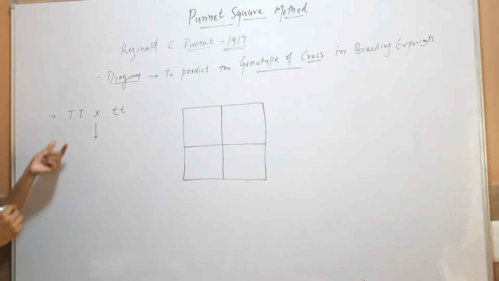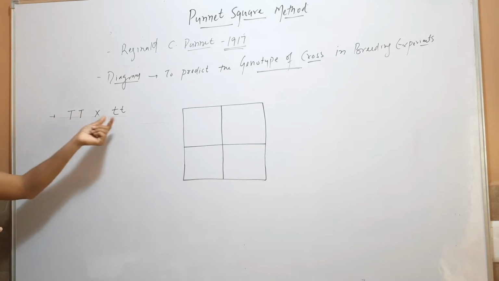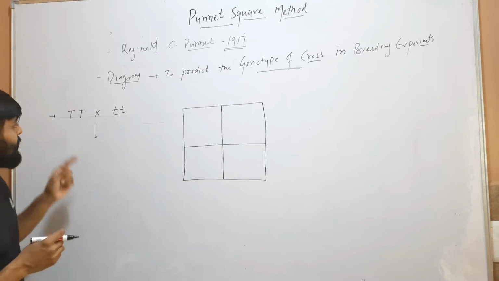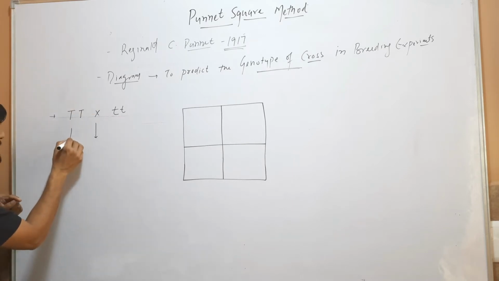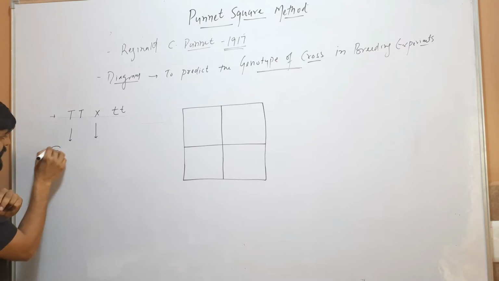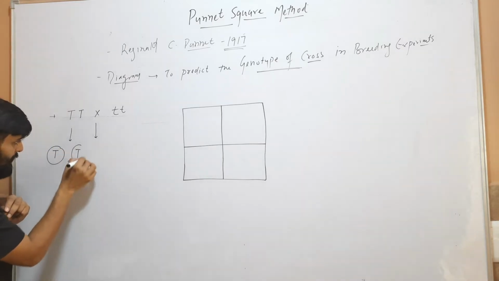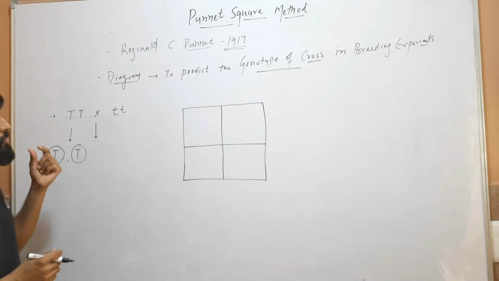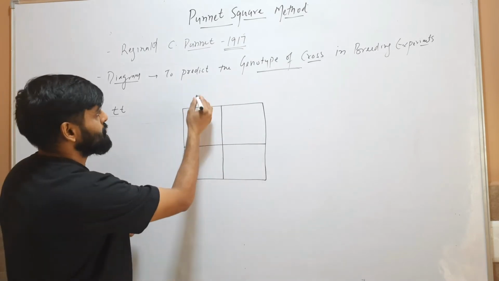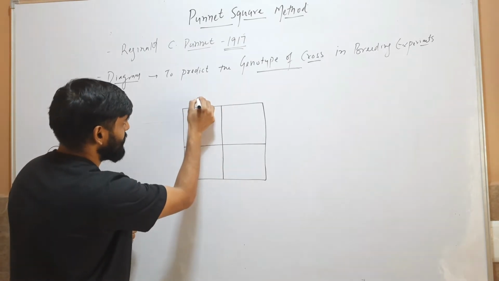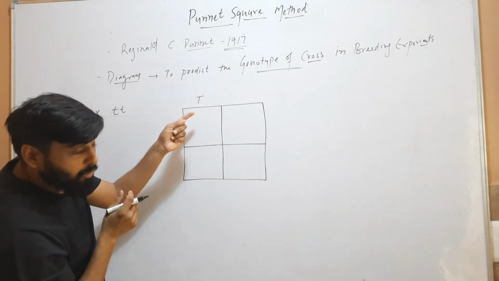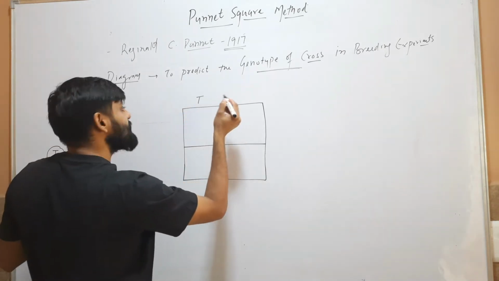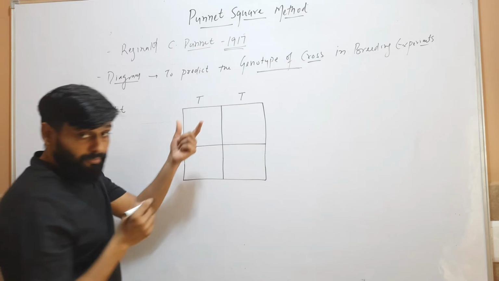Then this capital T will form gametes, capital T and also capital T. So I will write the gametes of one parent on the top of this square. Here I am writing capital T above one block and another gamete, capital T, above another block.